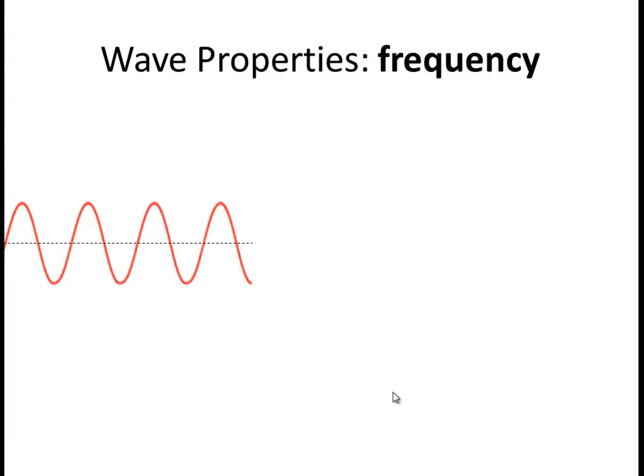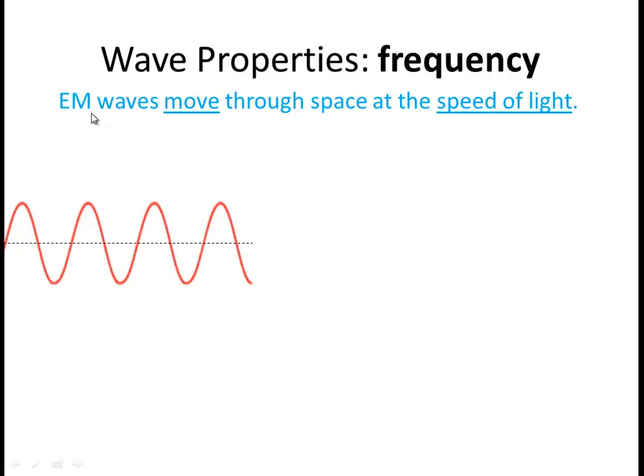Now, let's get a feel for what frequency is. The first thing you need to know is that electromagnetic waves move. When there's an EM source, those electromagnetic waves don't stand still. They're very fast, and in fact, they travel through space at the speed of light, about as fast as you can get.